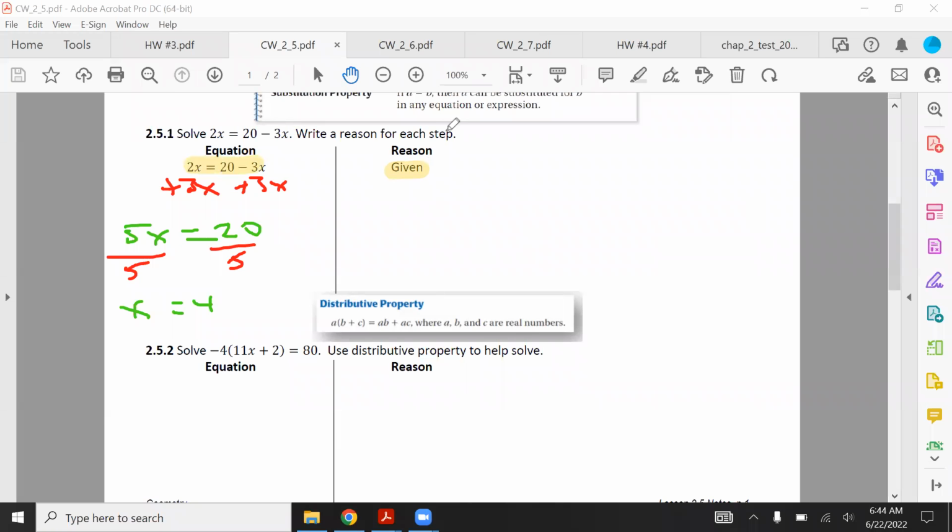So the first step was given. We call it step 1. Then the second step, which is basically this right here, is going to be the addition property of equality.